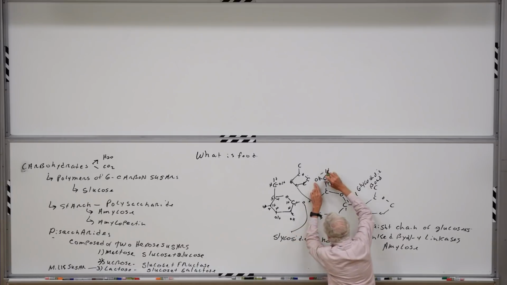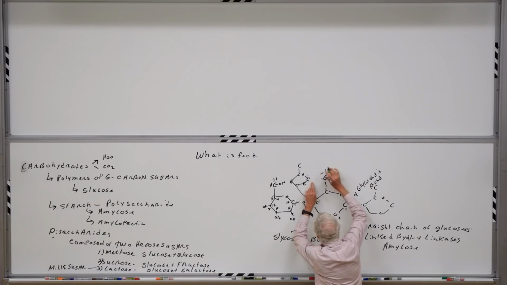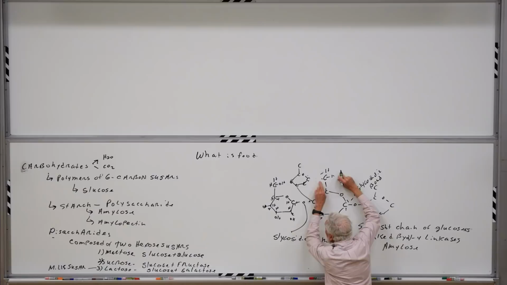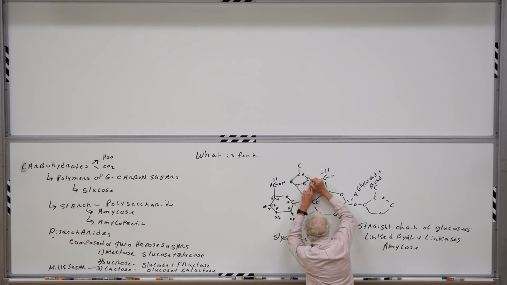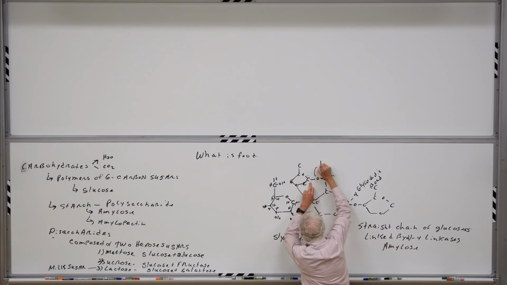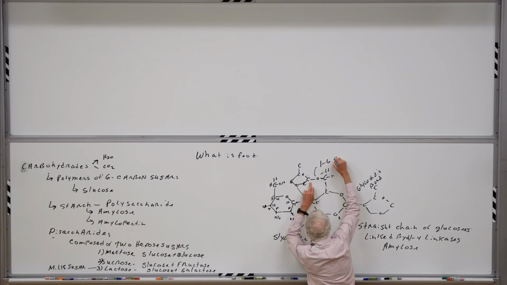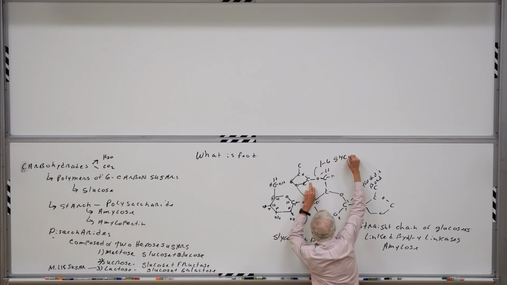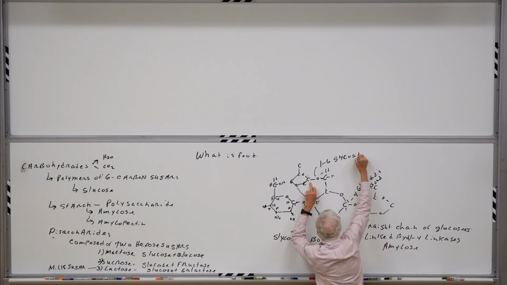Now what I want to emphasize is that we can take this number 6 carbon and link it to the number 1 carbon. So now we have another glycosidic bond. This is said to be a 1,6 glycosidic bond.